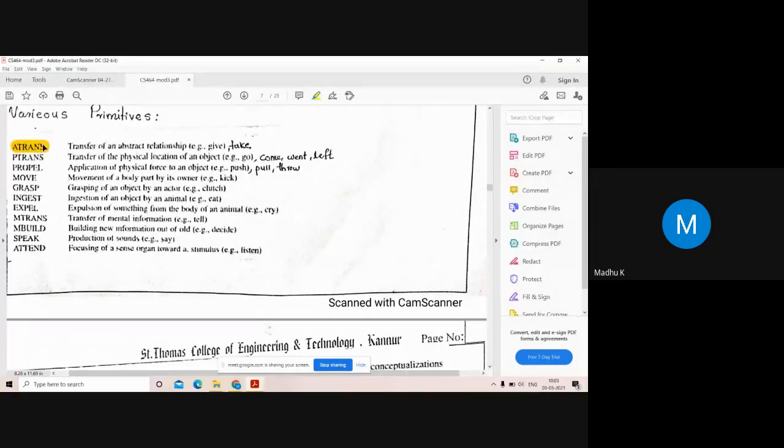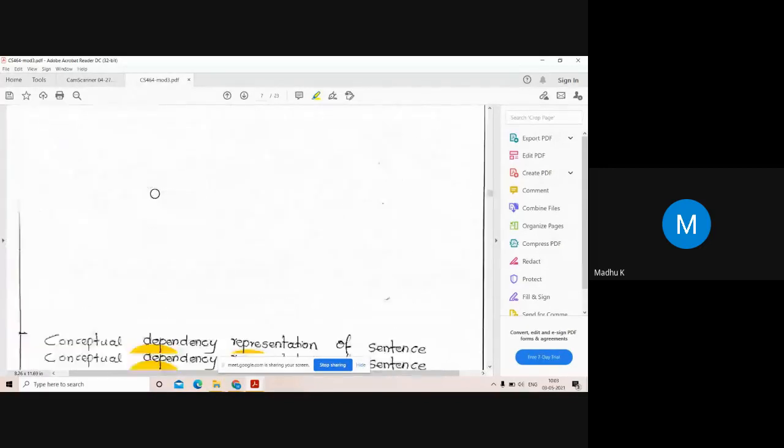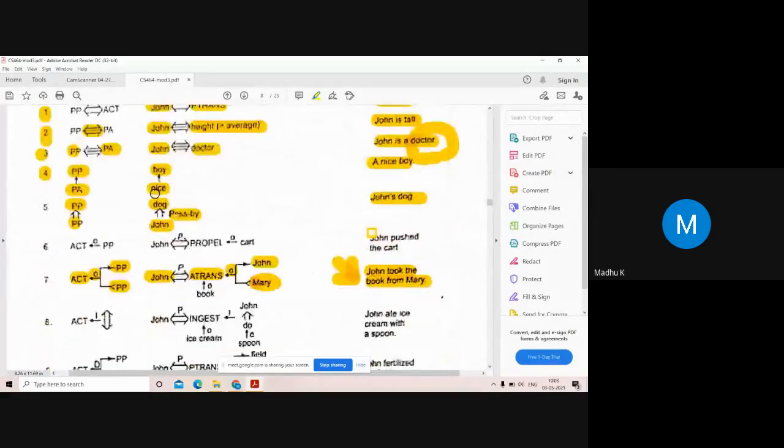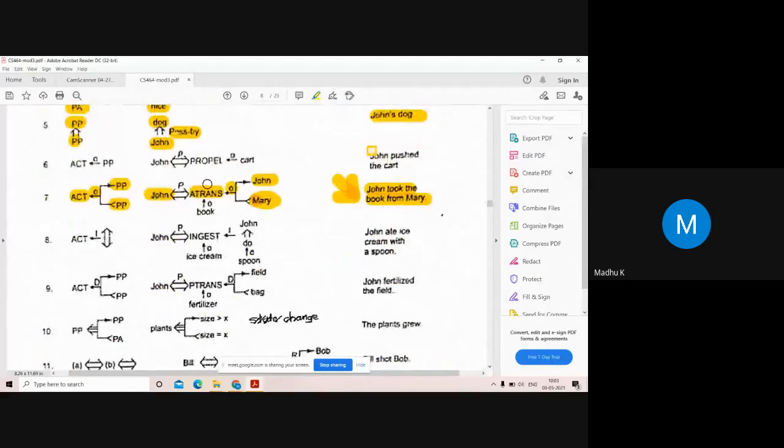This rule is the primitive transfer of an abstract relationship: give, take, etc. In that case we will use the A trans act, and to this we will attach the object. This is the book object, so we will add the object name here.